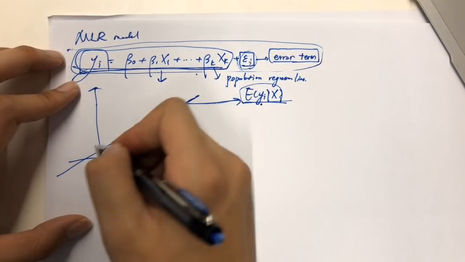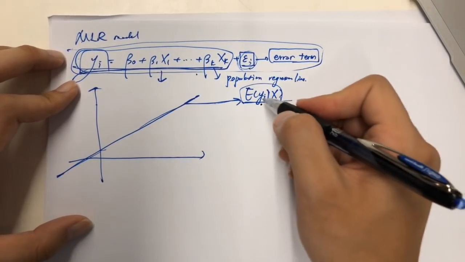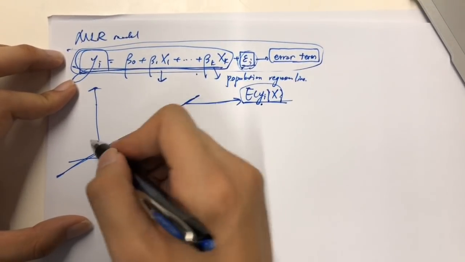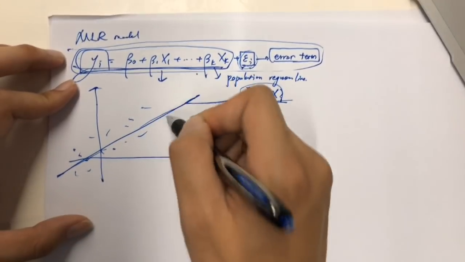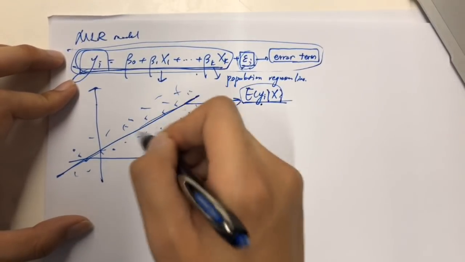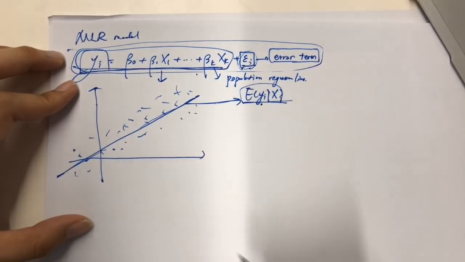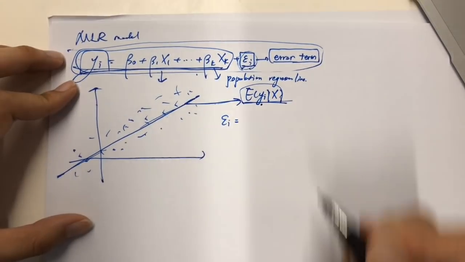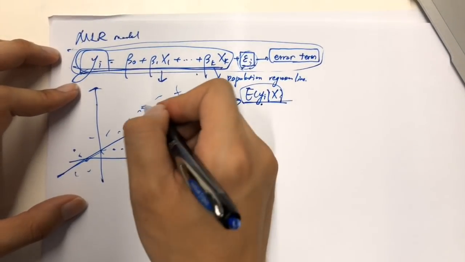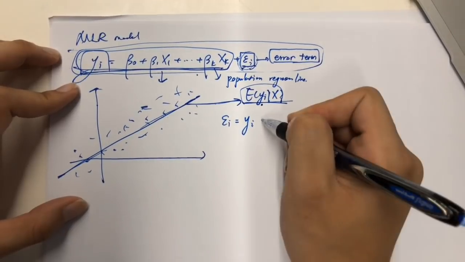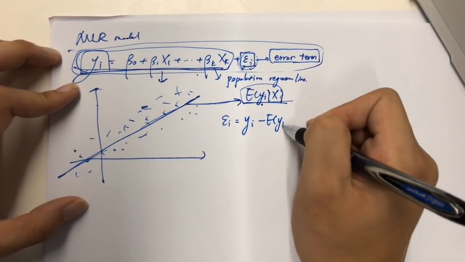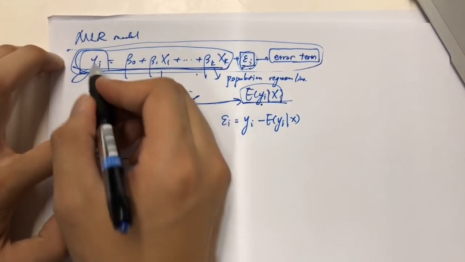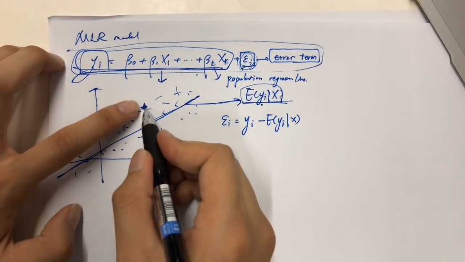Now, when we have the error term, the real data will look something like this. This is the data with the error term. The error term represents the actual y value minus the expected y value, because this point is the actual y value after adding epsilon.